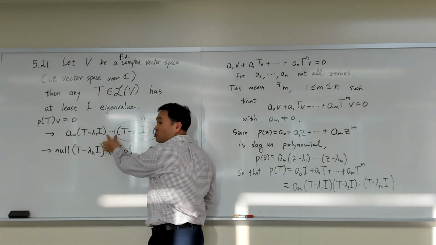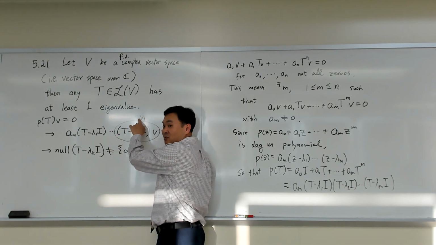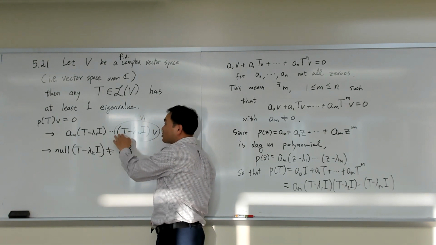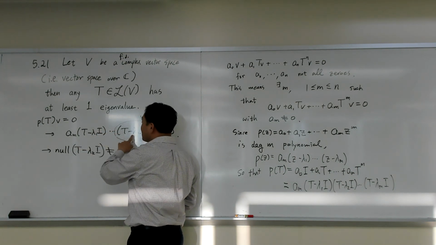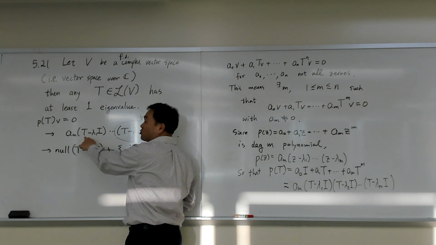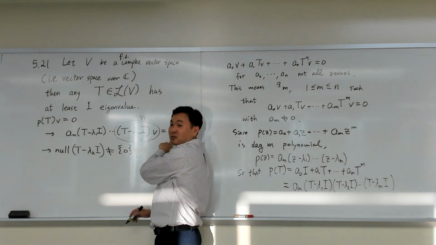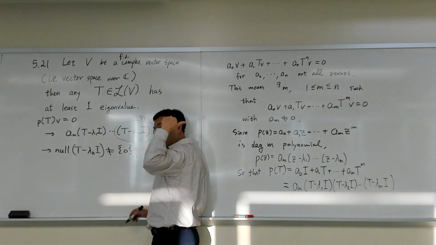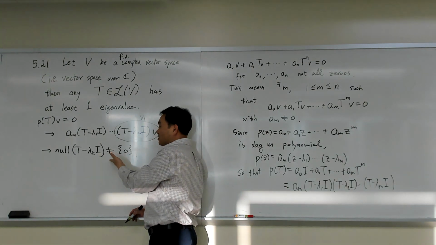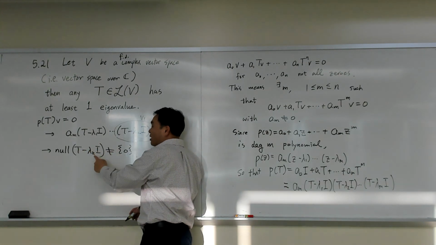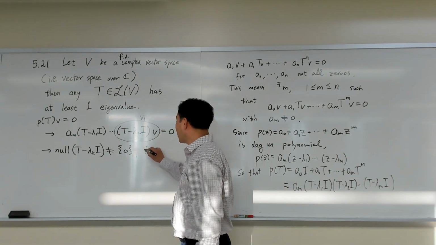And then the next one should kill this, right? If it kills, then this V1 is in the null space, right? If not, just go to the next one. If all of these have trivial null spaces, then there's no way that this could be equal to 0. Okay? Unless Am is 0, but we assumed that Am is non-zero, right? So there should be some k where the null space of T minus lambda k I is non-zero.